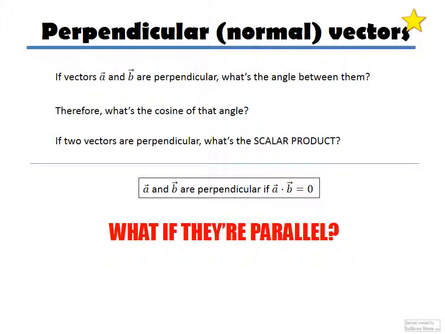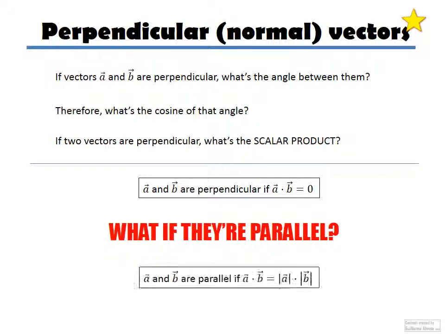Remember, x coordinate of A times x coordinate of B plus y coordinate of A times y coordinate of B, and so on. And if it gives 0, I know that they are perpendicular, or what also means normal vectors. And if they're parallel, simply multiplying them is going to be the same thing as multiplying their modulus.